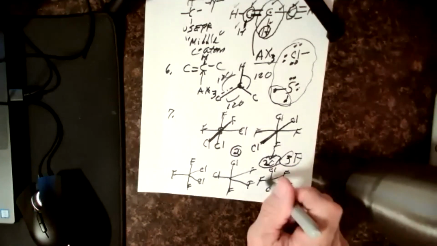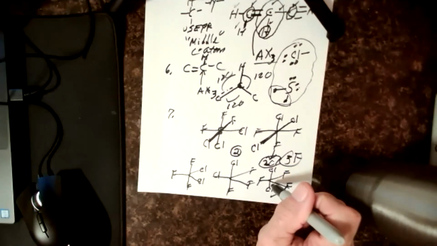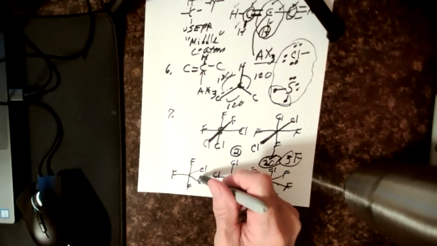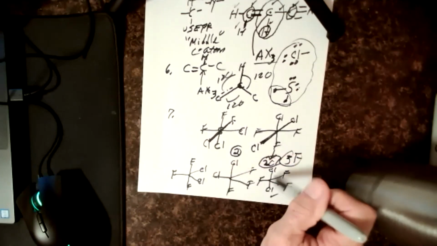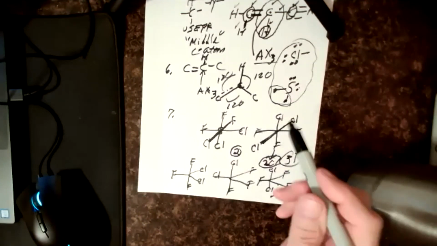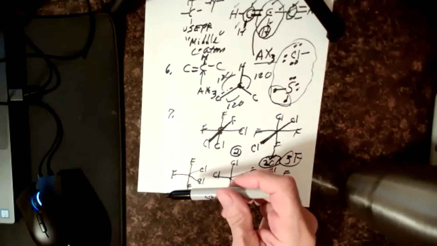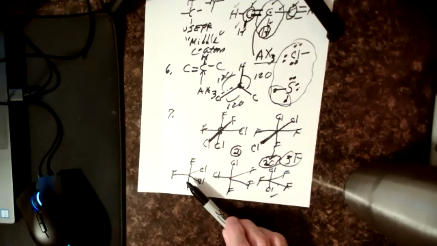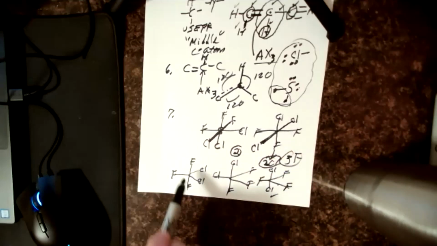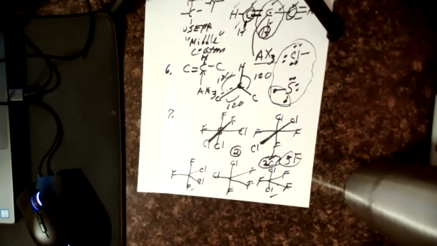I'm thinking chlorines are further apart in this one than even in this one. So my guess is going to be like that, because the chlorines might do what electrons do. One could go in here and the other one try to avoid it, which would lead to this structure. So I'm guessing one of these two is probably going to be the most prominent, depending on how the reaction happens. But that's a story for organic, not for here.